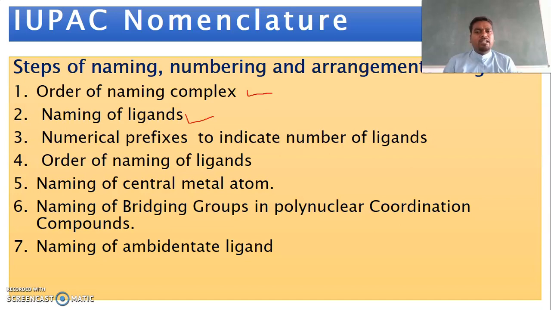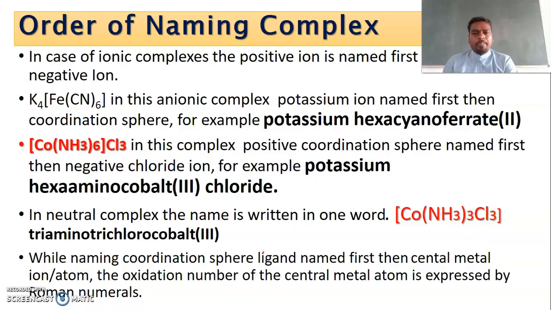You must know the naming of different ligands, the numerical prefixes used to indicate those ligands, and the order in which two or more different ligands are arranged. You must also know the name of the central metal atom, the naming of polynuclear coordination compounds, and the naming of ambidentate ligands. Now let us first come to the order of naming complexes.